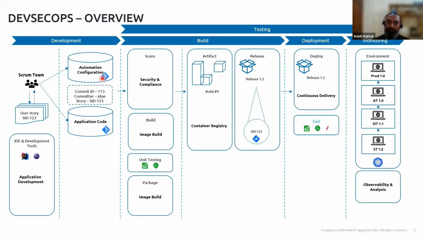Automation configuration deals with your infrastructure and configuration code, which could be policy as code, and so on, which needs to be developed and pushed, and gets enforced across your landscape. Your application code goes into your application repository. Then these two get collaborated or bundled together to provision or scale your infrastructure or application, depending on the use case.